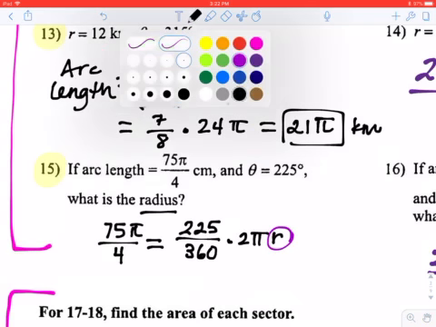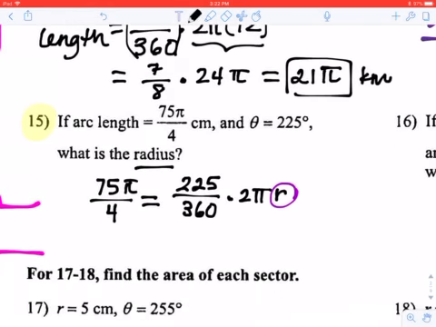The whole goal right now is to isolate this variable. Again, there are a couple different ways you can go from here. To make this a little easier to work with, I'm going to simplify this fraction on my calculator. So that becomes 5/8 times 2 pi r equals 75 pi over 4.